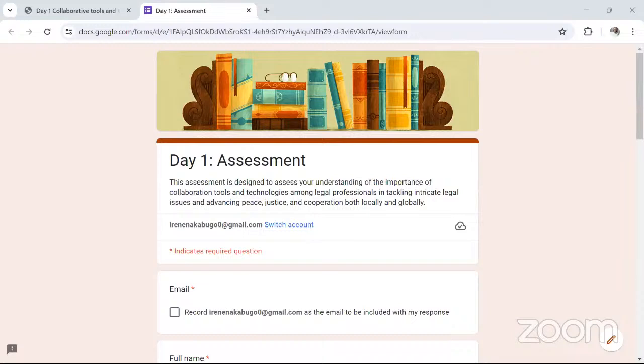Any more questions? Clarifications that are needed? Did we experience any challenges installing the software? Feel free to share.